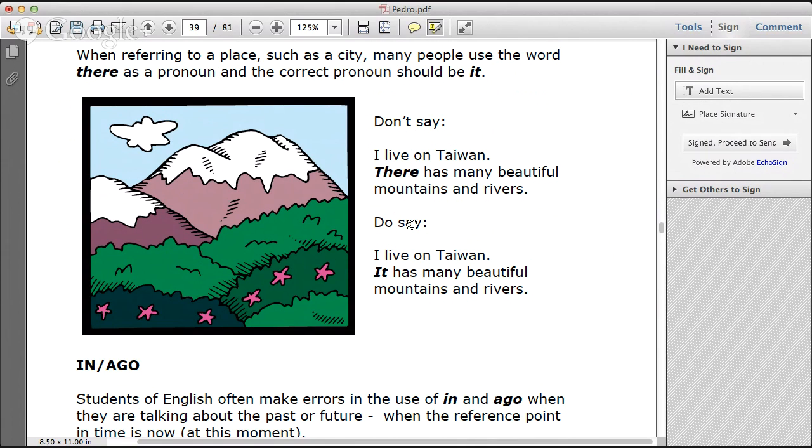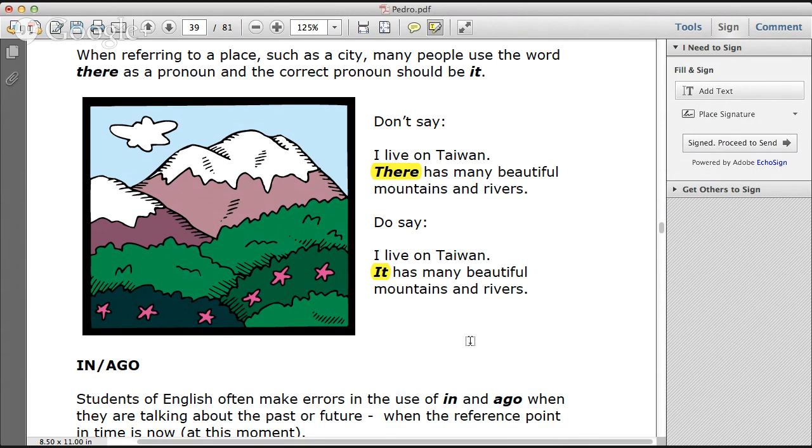There has many beautiful mountains and rivers. We cannot say that in English, right? We cannot use there as a pronoun in this section. We have to say it.